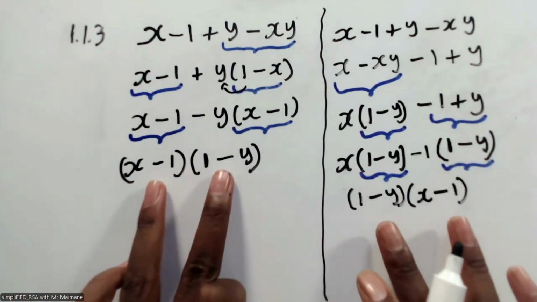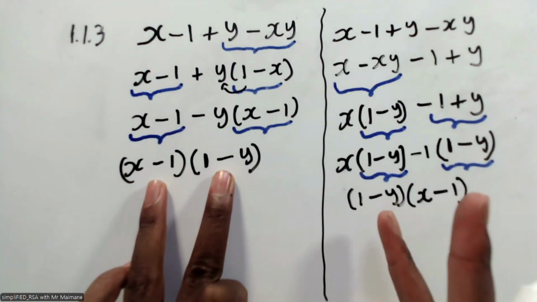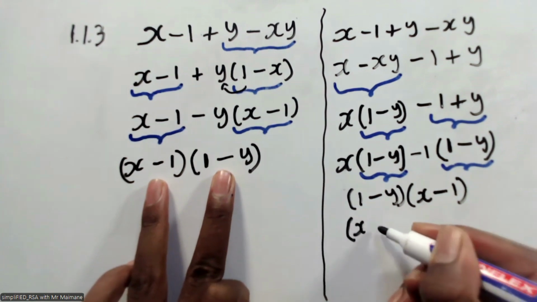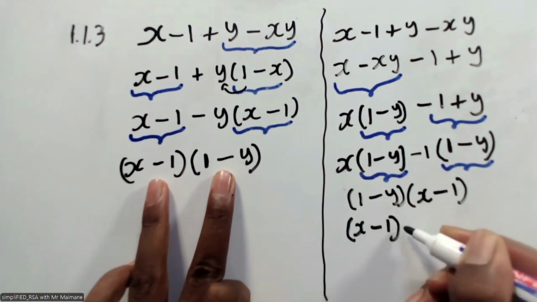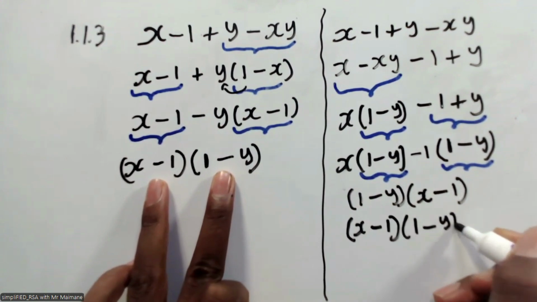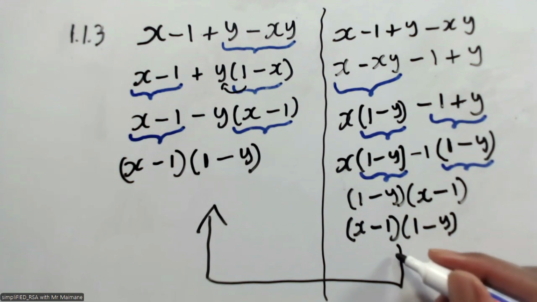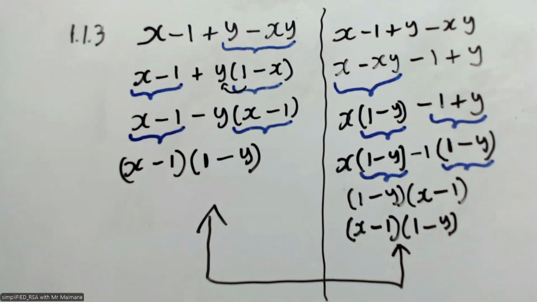And as you can see, this is the same as this. It's just written in different forms. If I want, I can rearrange this and write it as x minus 1, y minus 1. So you can approach this whichever way you want, but it will always yield the same answer for 1.1.3. So this is factorization by the grouping method.